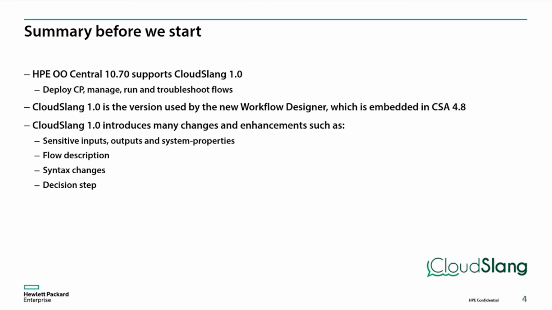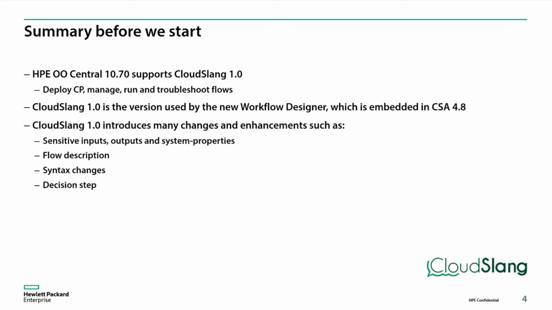In terms of the changes, there are many changes, and I tried to put just a few of those. Like for instance, the sensitivity of the inputs and outputs, and also the system properties that were added alongside CloudSlang 1.0. Flow description and further syntax changes occurred, as well as the addition of the decision step.